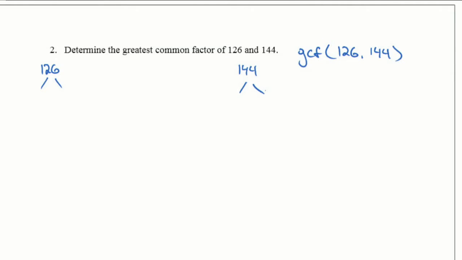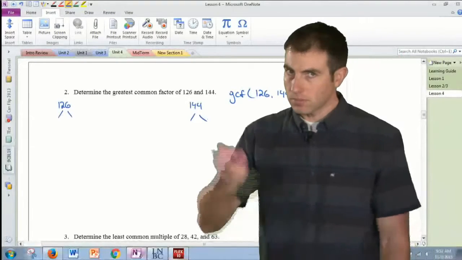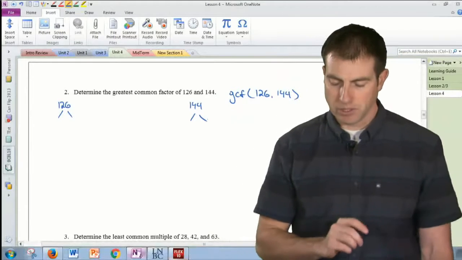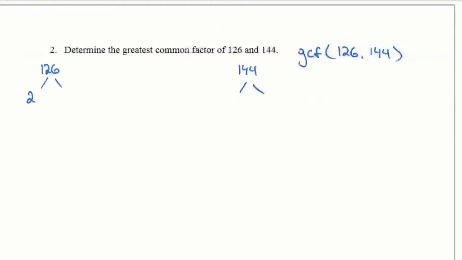So 126, I'm usually pretty good at dividing by 2 in my head, so I'm going to divide that by 2. 2 and 63 gives me 126. 63 is going to be 7 and 9, and 7's prime, 2's prime, 9 is 3 and 3.